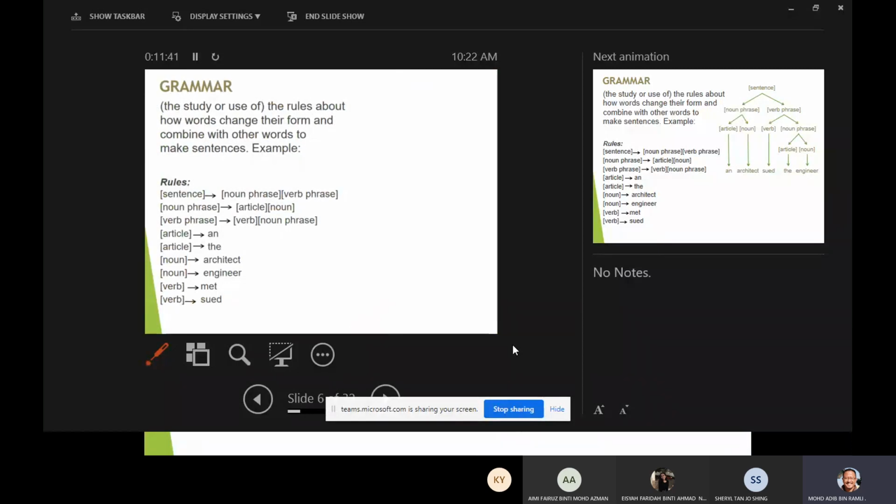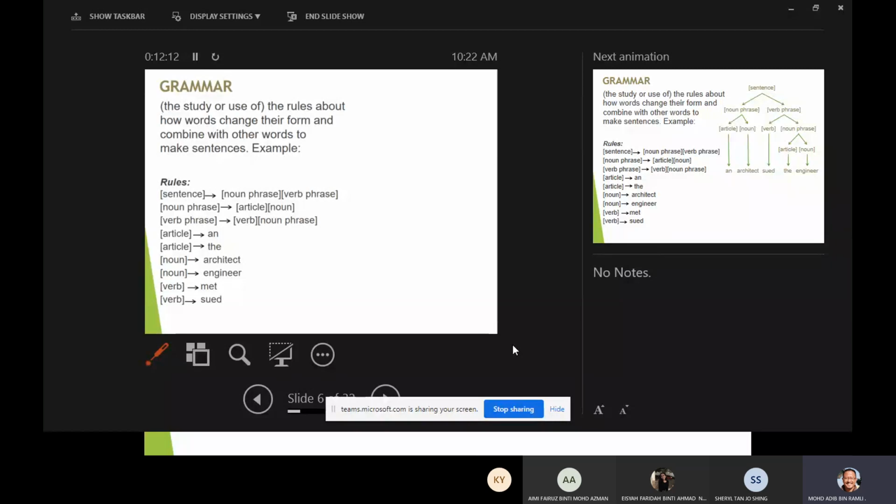There are underlying rules that we need to use to arrange the words. Maybe the way we learn language is not like how I show it here in the rules, but if you look back at the sentences that you are saying, it is actually true.